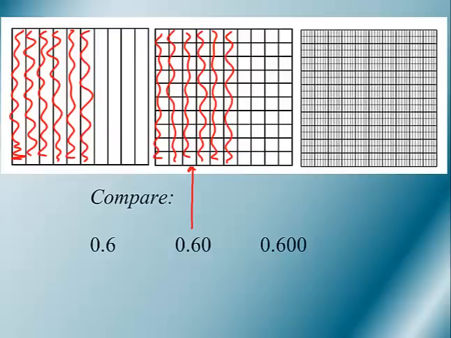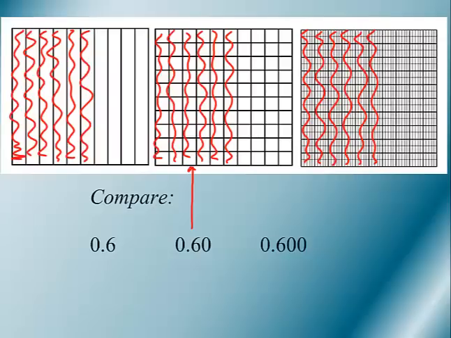If you look carefully, they're exactly the same. And if I color in 600 thousandths, what do you think you're going to see? If you thought they were going to look the same, you're exactly right.